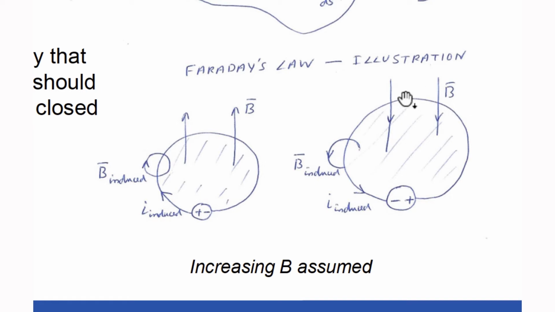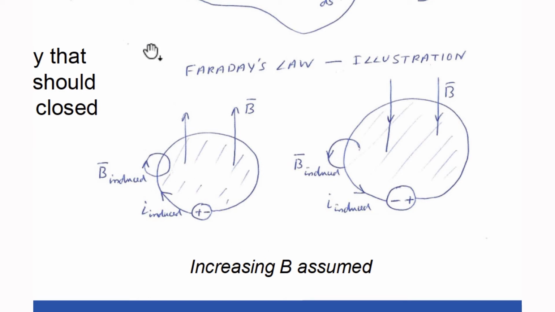Now in this case, the increasing flux is in the other direction. So here, to oppose this flux, you have to have a polarity like this for the induced EMF. Then only will it produce a current in this direction, and that induced flux will be opposing this original flux.